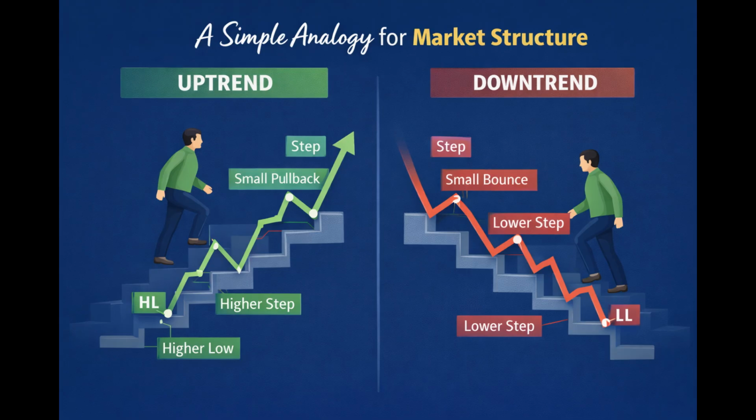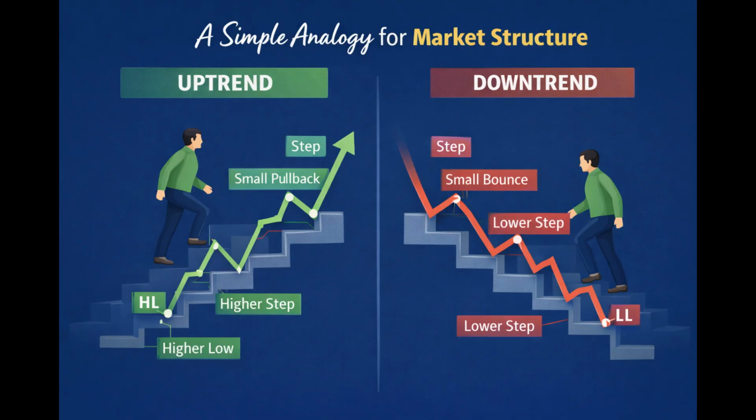The same way, if you're moving down, which is the downtrend, you step down, a small bounce, a lower step, a small bounce, a lower step again. If someone suddenly falls through a step, the direction changes. That's the structure shifting. I hope this example clarifies it, using the physical act of walking on a staircase. You don't jump with your two legs. You move one before the other, then the next follows.